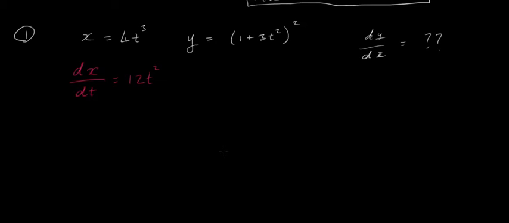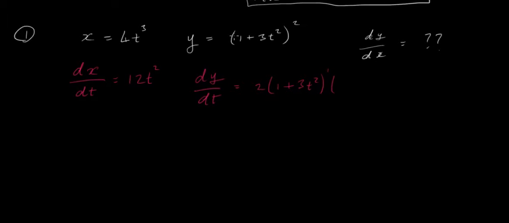Next thing we want to do is find dy dt, so we want to differentiate this with respect to t. Here we've got to use the chain rule because this is a function of a function, if you like. It's all of this squared. So let's differentiate the whole thing first. That will give me 2 times (1 plus 3t squared), subtract 1 from 2, that'll give me 1 here. Now I've got to multiply that by what I get when I differentiate what's inside the bracket.